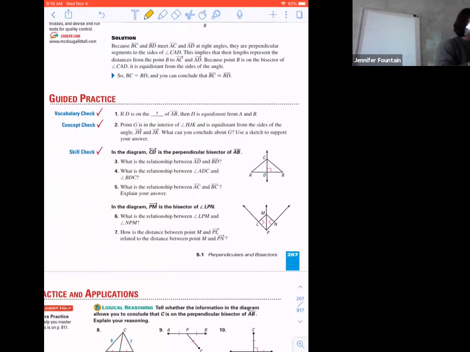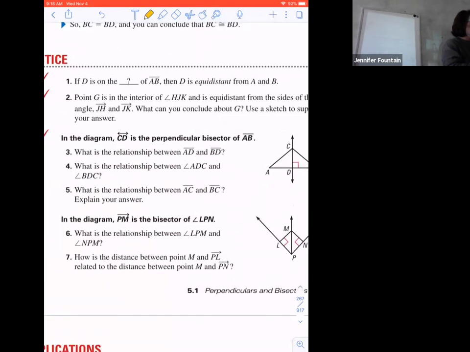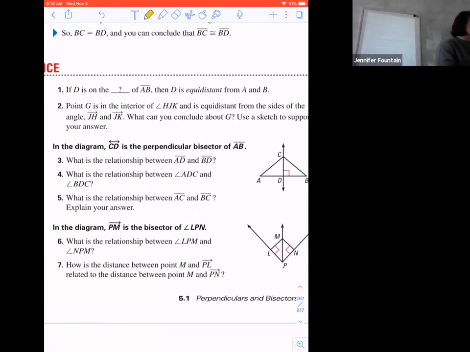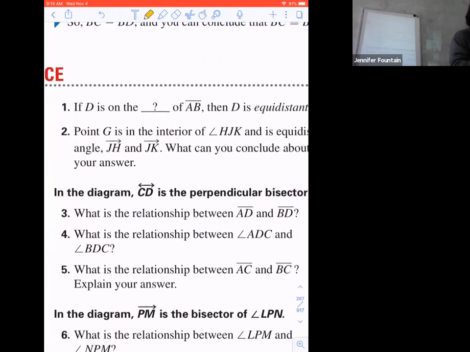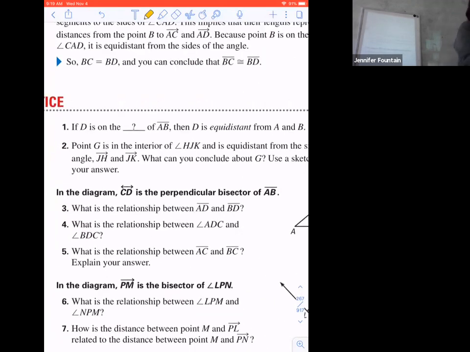So let's go ahead and look at our practice here. It says if D is on the blank of AB, then D is equidistant from AB. So if we know that D is on the blank of AB, then how do we determine that D is equidistant from AB?